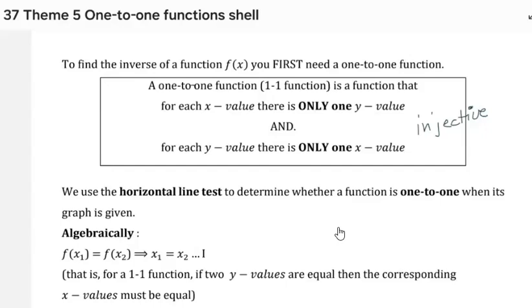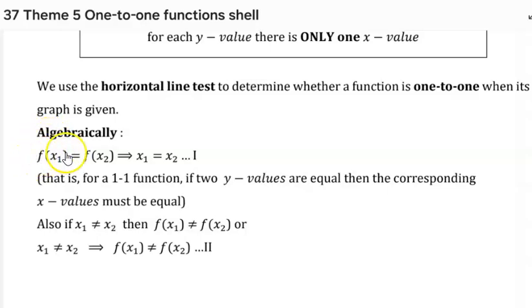Once we know it's a function, we test whether it's one-to-one by doing a horizontal line test as well. So you go with a horizontal line from top to bottom over this function, and if it only cuts the function once, then you know that each y value also has only one x value.